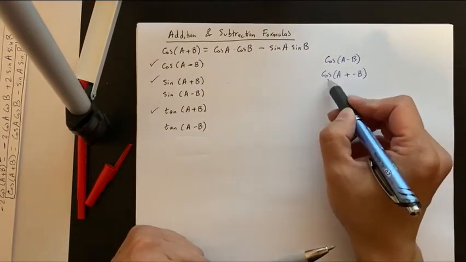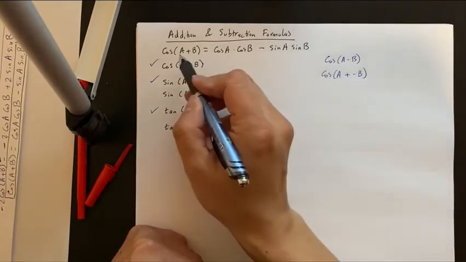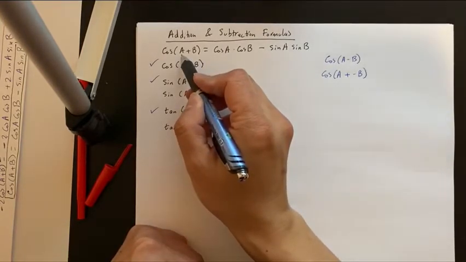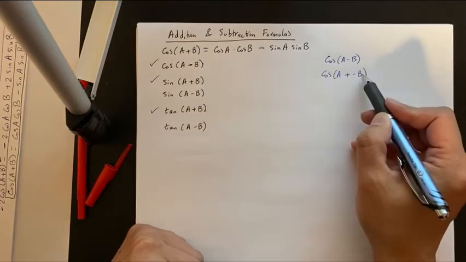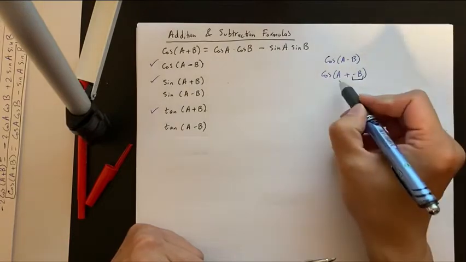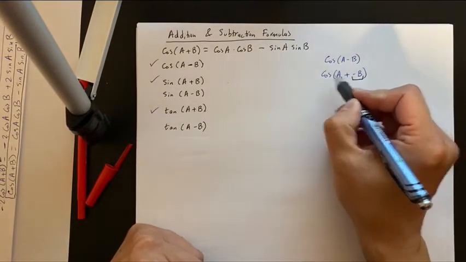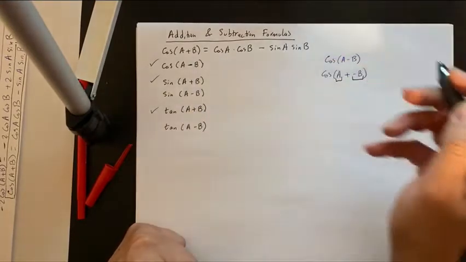So if I want to apply the very first formula to this guy, A is A, but remember, what is this capital B? It is not this B, it is the whole negative B, right?